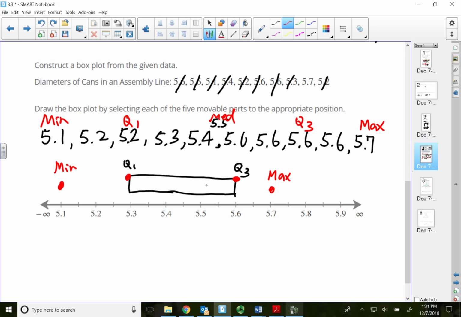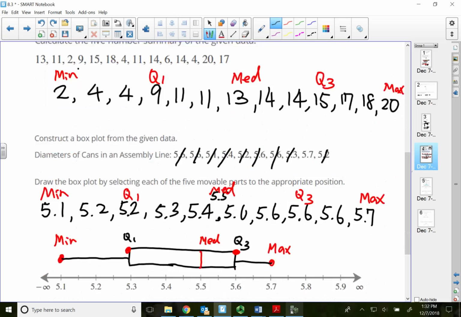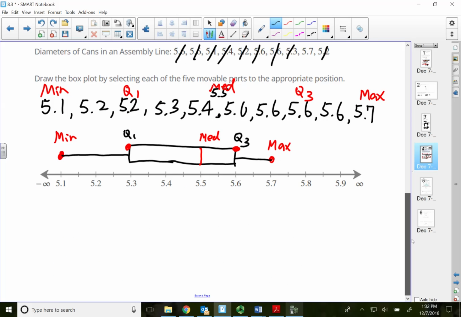So the median will be right here. Okay, that's my median. So on the homework, you'll be dragging everything out to the number where it's supposed to be for the 5-number summary. Now, if I connect my minimum to the box and my maximum to the box, and here you go. This is my box whisker plot, okay? It will look something like this. The one on the homework looks a little bit prettier than the one I got here. Alrighty, so that will conclude this lecture video on the 5-number summary and box whisker plot. Thank you for watching.